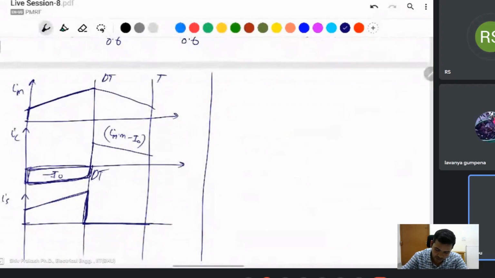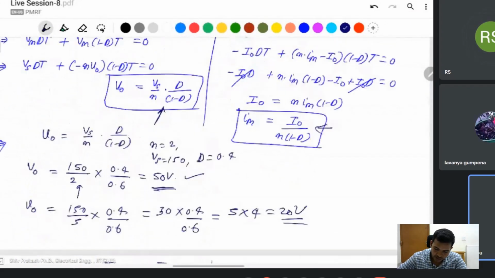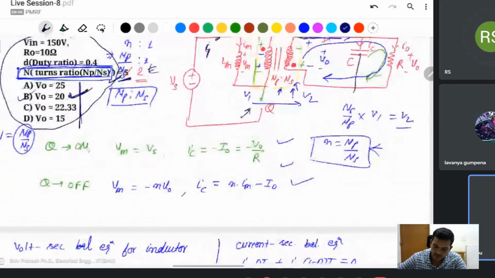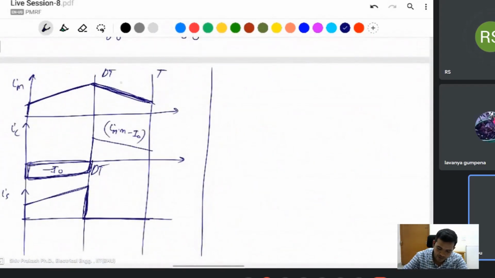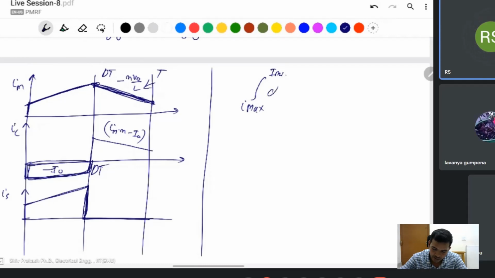In that condition, you can take this equation: minus of V naught, so minus of n V naught is applied in this. If you take this one, maximum or minimum, integrate from maximum to minimum, then you can find delta IL, like I maximum to I minimum, di equals minus n V naught divided by L, integration of dt to 1 minus dt.